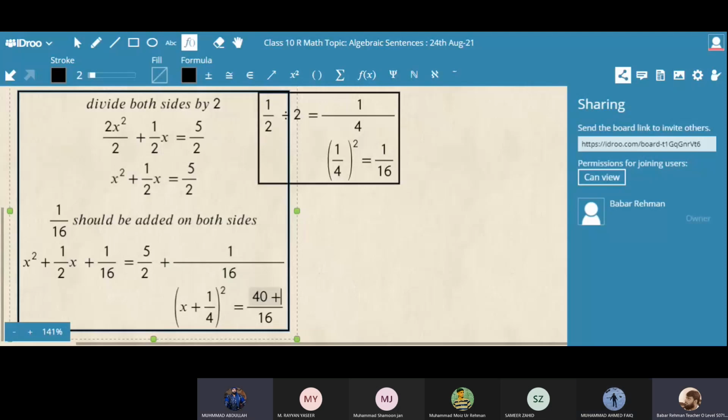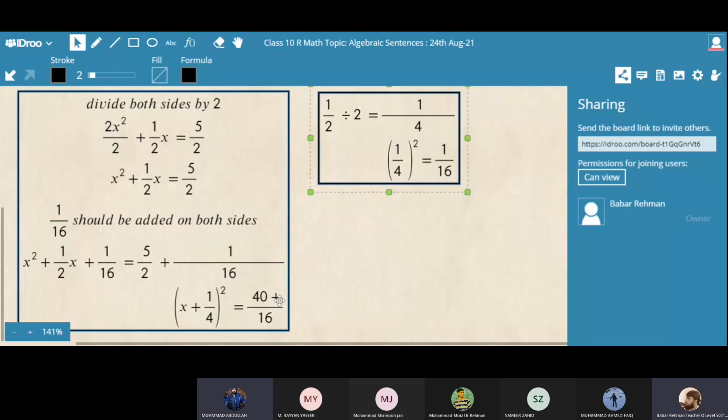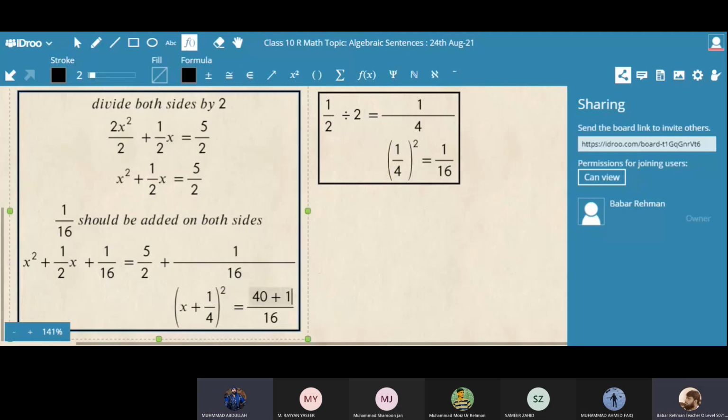Yes, sir. And now what comes here? What comes here? 1. No. Anyone else? Yes, yes, a 1 will come. Good.